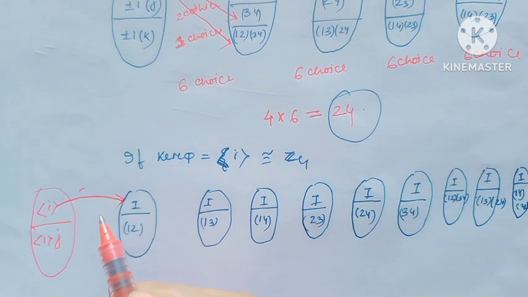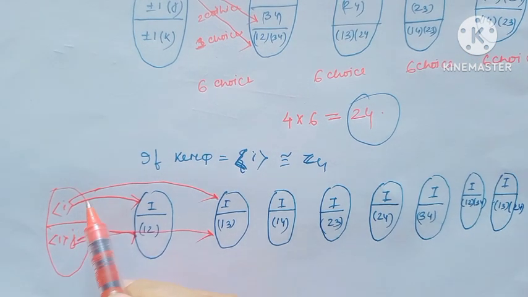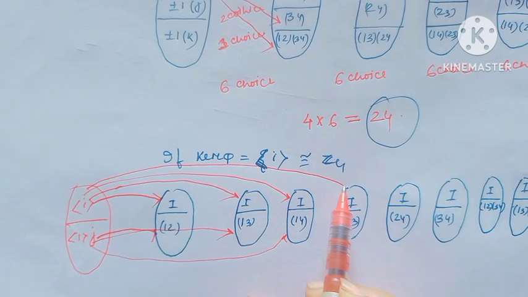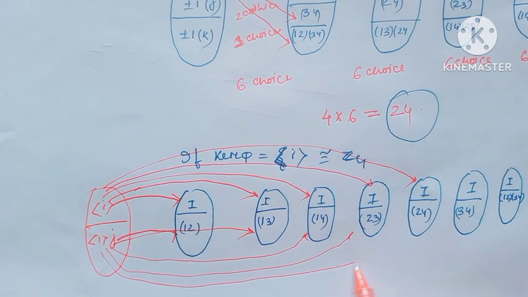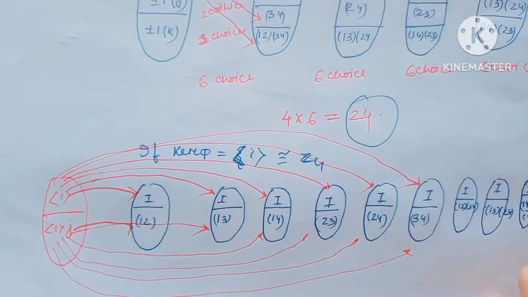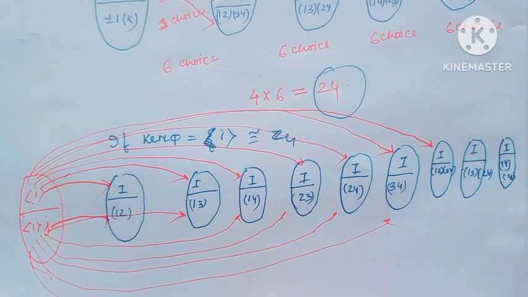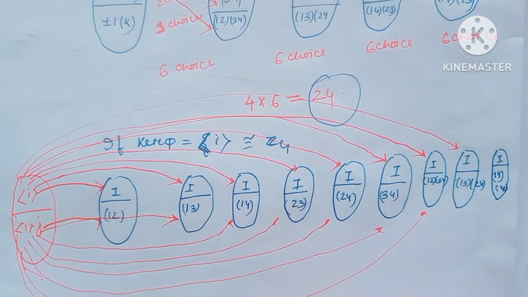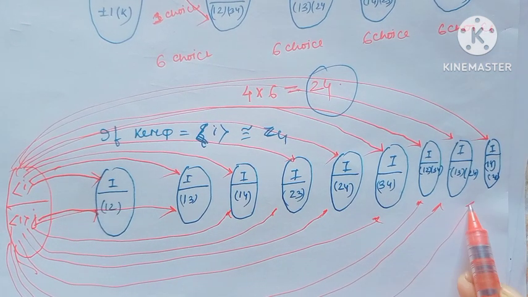Always i maps to identity, and then the other coset can map to any of these. It can be mapped to here, and similarly to each of the others.